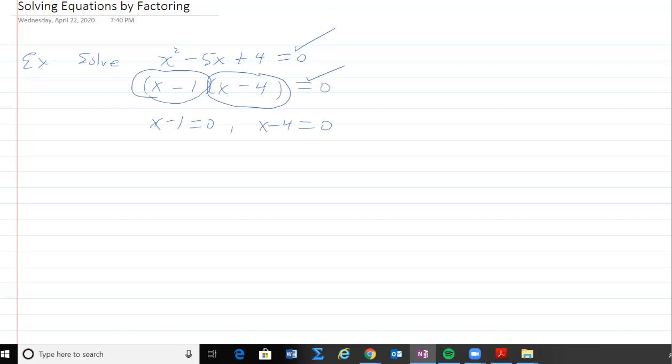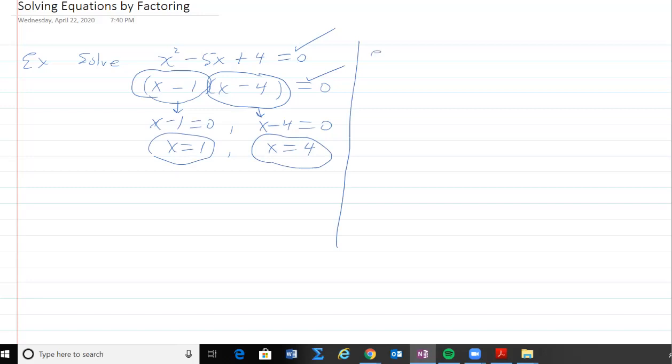So I set this to 0 and I set this to 0. That means x is 1, that would do the job, and x equals 4, that would do the job. So I have two separate solutions for this equation.